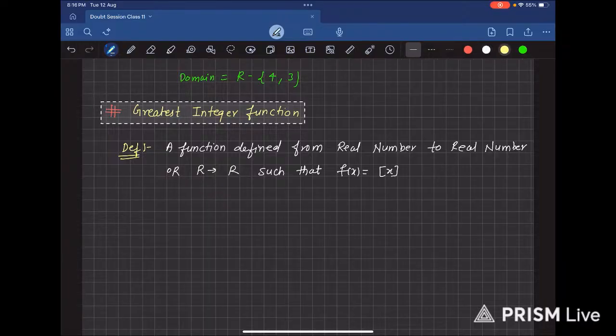It will provide the answer as integer, meaning the range is integers. This is the codomain, and this one is the domain. We can take the codomain as anything that must be a superset of the range.